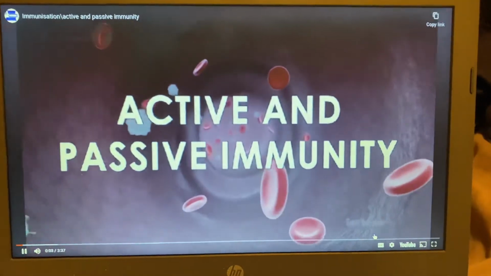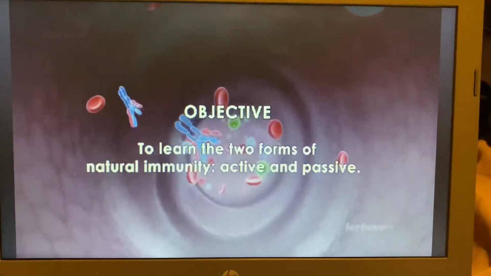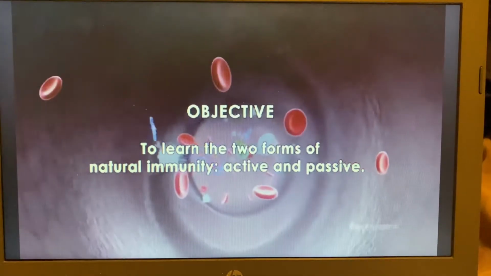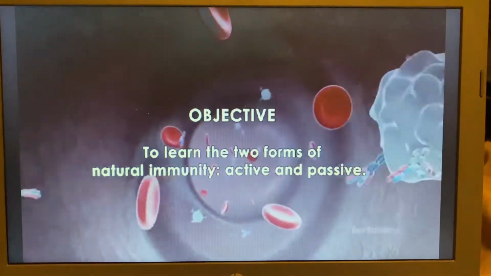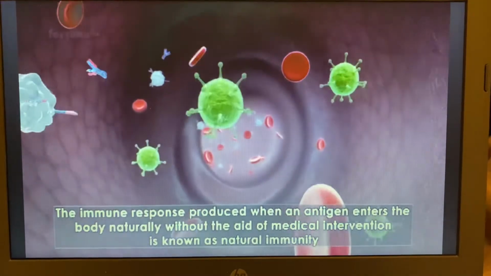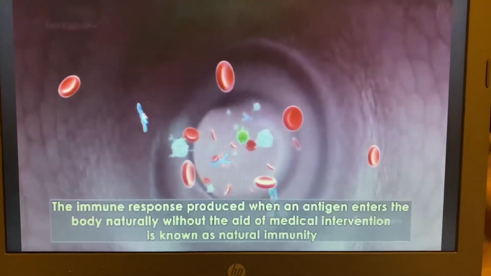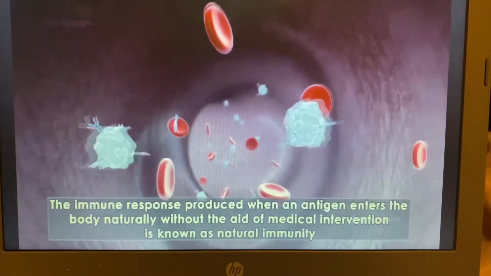Active and passive immunity. Objective: to learn the two forms of natural immunity, active and passive. The immune response produced when an antigen enters the body naturally without the aid of medical intervention is known as natural immunity.